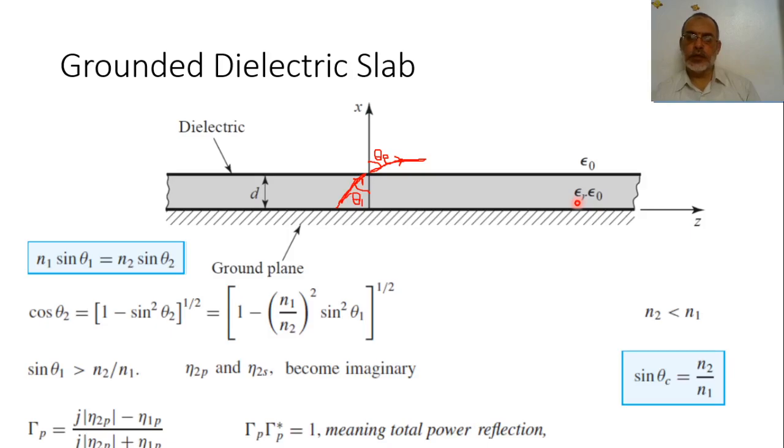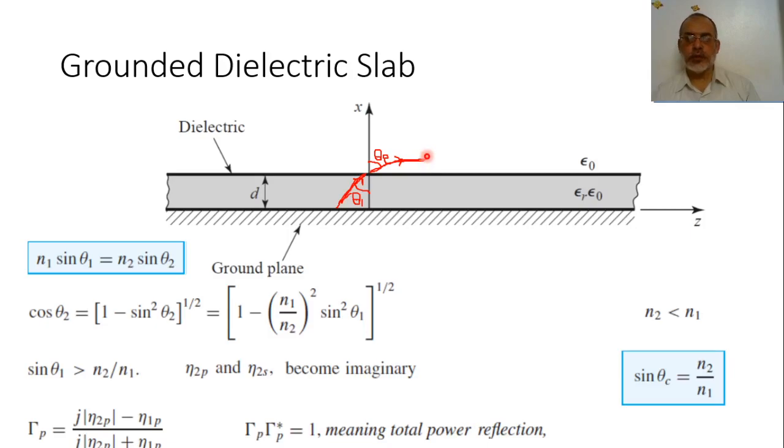So at a specific angle, epsilon r times sine squared theta 1 would equal 1, and in this case cosine theta 2 would be 0, which means that theta 2 would be 90 degrees. In this case, the transmitted wave will be grazing on the interface between the lower dielectric medium and the free space.